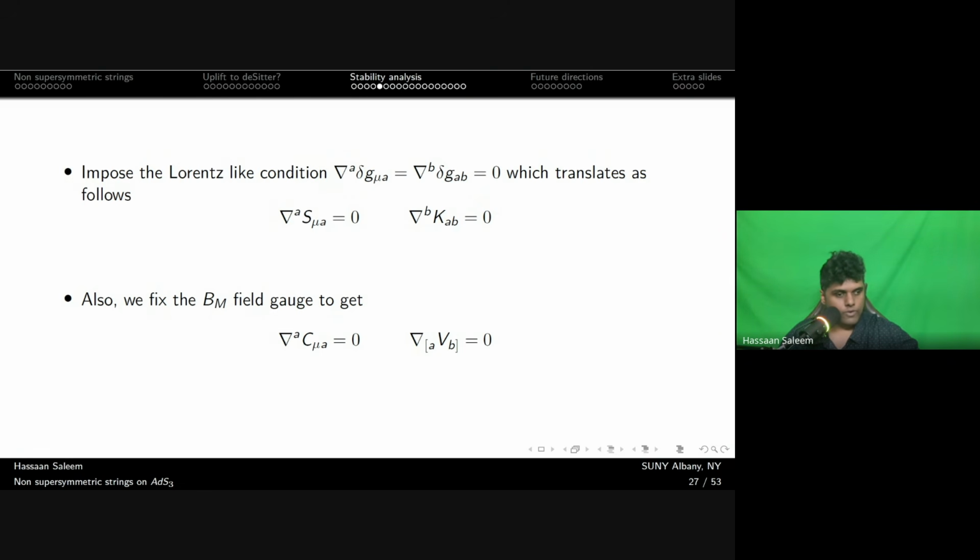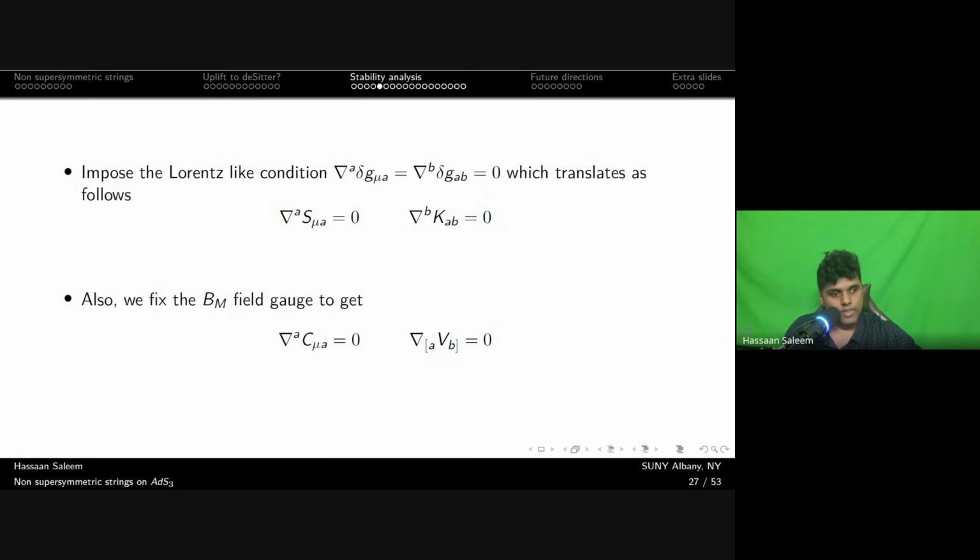We do a Fourier analysis. What you can do here is write down your equations in terms of spherical harmonics over S3, and analyze different components separately. For that, you need to break down every field in terms of spherical harmonics over S3.